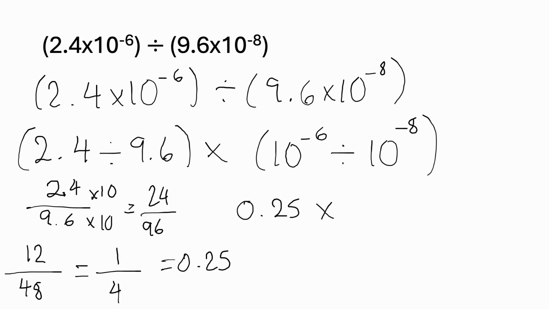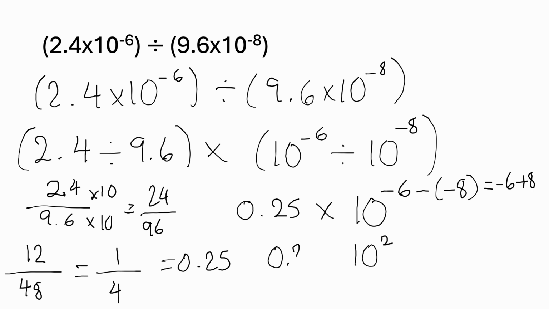Now to work out what this one's going to be, when we have powers of the same base, we subtract the powers from each other. So we're going to do minus 6 minus 8. Because we've got two minuses, two negatives make a positive, so it turns into minus 6 plus 8. Minus 6 plus 8 is 2, so it will be 0.25 times 10 to the power of 2.